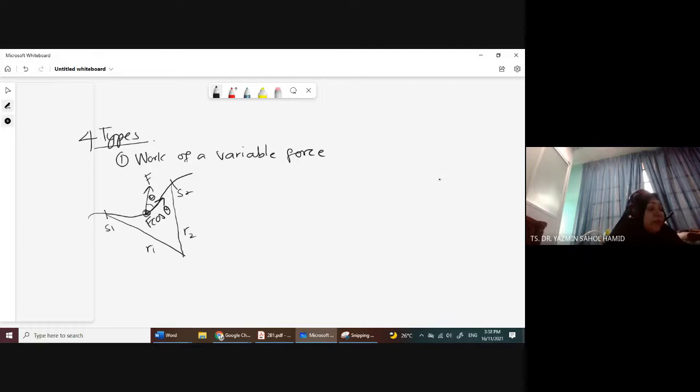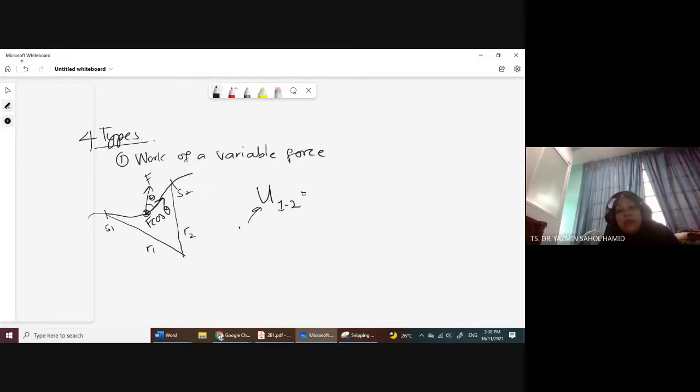So basically, if a particle is acted upon by a force and undergoes a displacement from R1 to R2, or you can say from S1 to S2, the work done is determined by this integration. I've told you before, the work will be U, from U1 to U2.